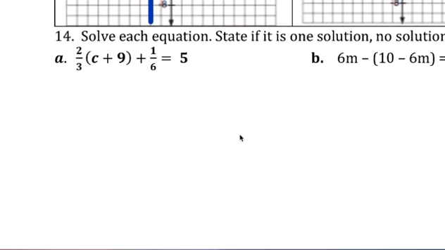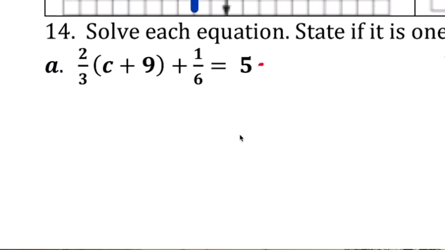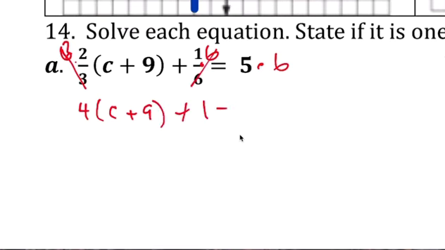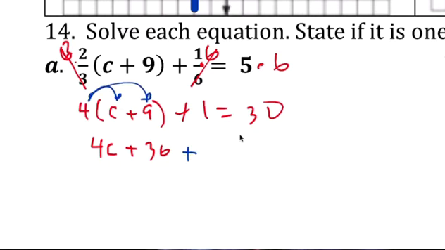Alrighty. This one you would multiply by 6 to everything. 4 parentheses c plus 9, plus 1 equals 30. Get 4c plus 36 because you distribute. Plus that 1 equals 30.